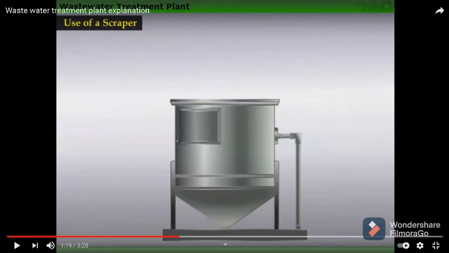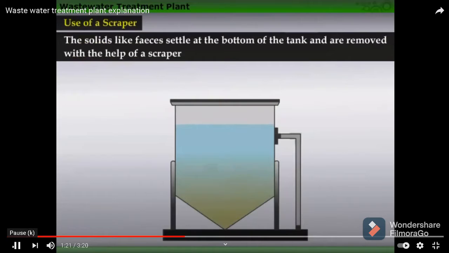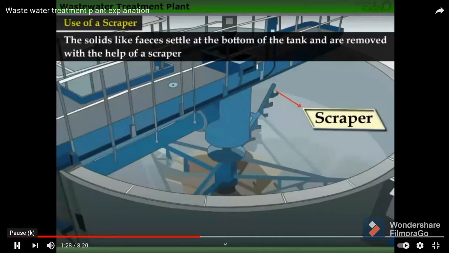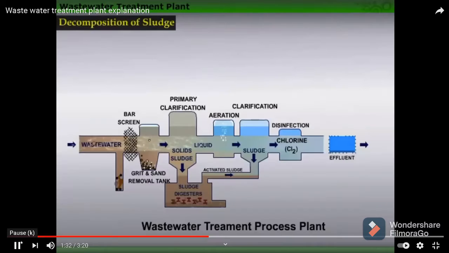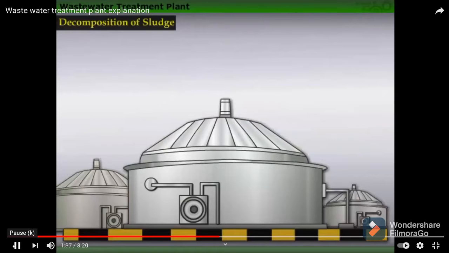You are seeing this machine, it is sloped at one end. Here the human feces and excreta are removed. They settle down, and you are seeing this with the help of a scraper. Now next the liquid flows. This sludge, the waste excreta of human beings, now forms a sludge.